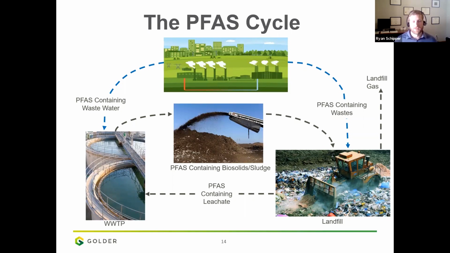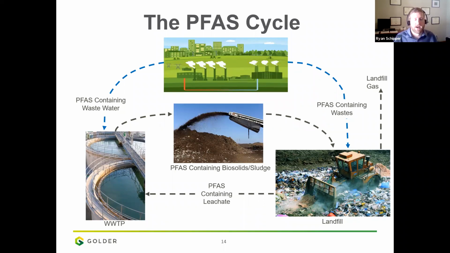I think you can all see the continual loop, and we complete the cycle, at least with the biosolids and going to the leachate. There's also another possibility for PFAS, mainly precursors, being discharged out of the landfill gas, being released to the atmosphere and then falling out. It is another potential release from landfills.